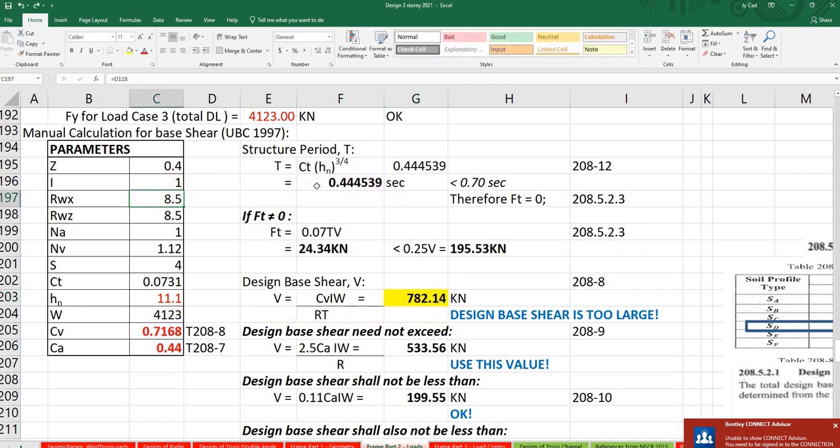Now, what if meron tayong hybrid na structure. Let's say, doon sa isang direction, RWX is moment resisting space frame lang siya. And then, pag sa RWZ, naglagay na tayo ng shear wall. Okay? So, ibig sabihin, magpapalit ngayon yung value ng RWZ kasi lalagyan natin siya ng shear wall. Tingnan natin ngayon ang value.